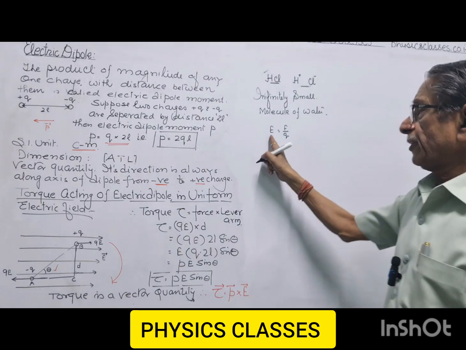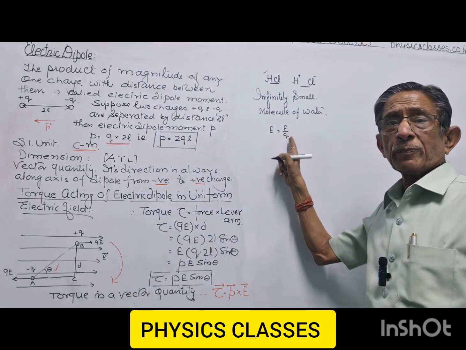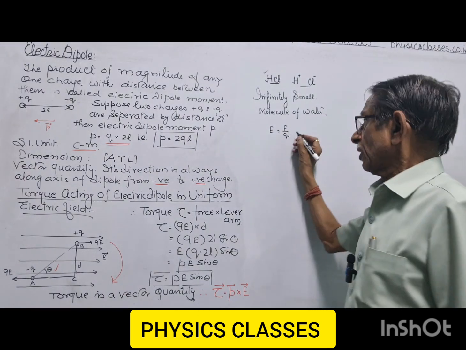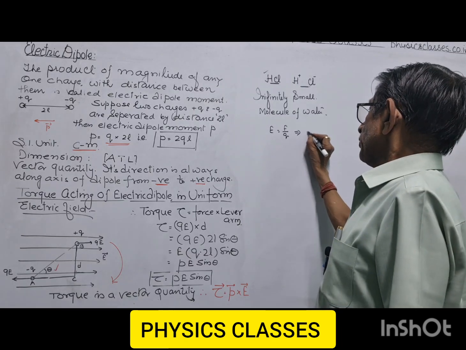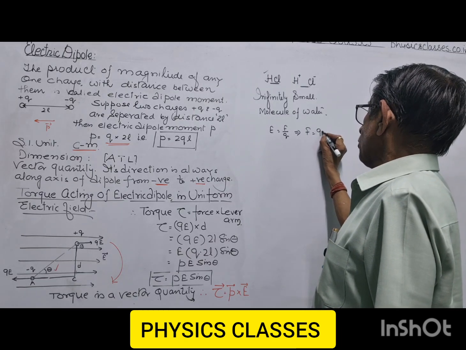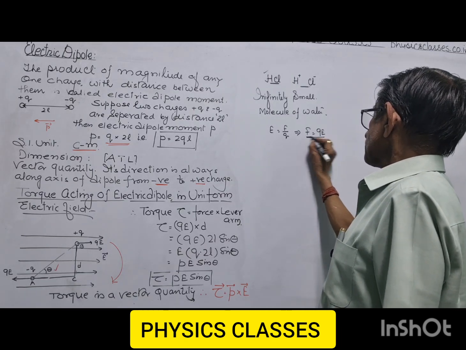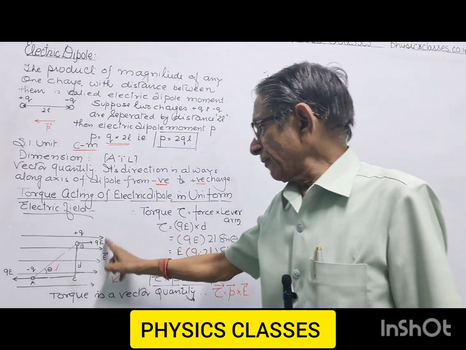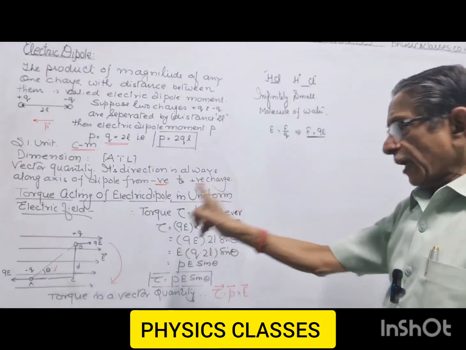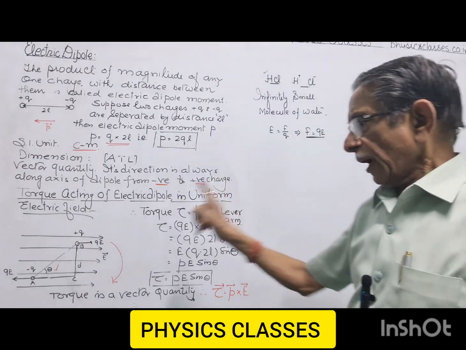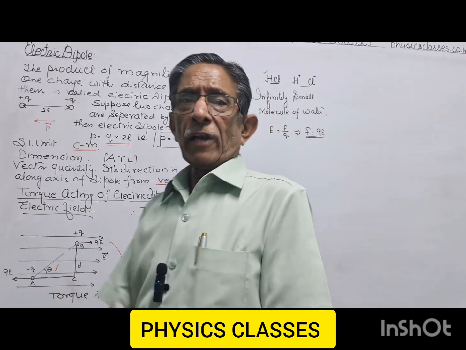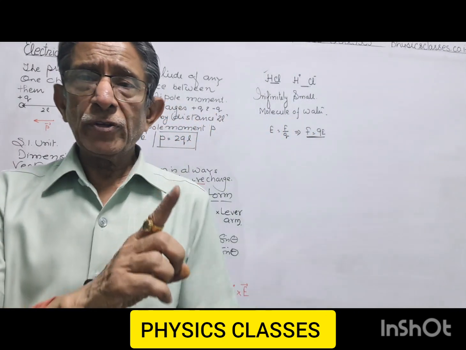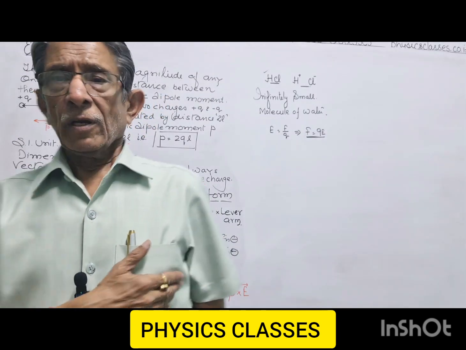Q. Electric field intensity is defined as force experienced per unit charge. So from this formula, you can write F is equal to what? QE. So the positive charge Q will experience the force QE in the direction of electric field, and minus Q charge will experience the force opposite to electric field.